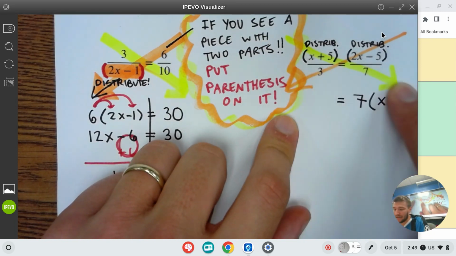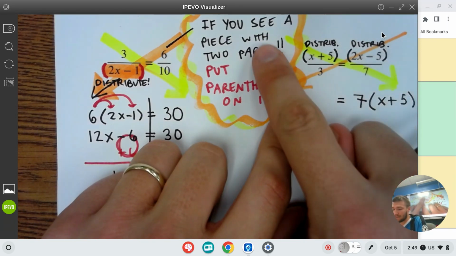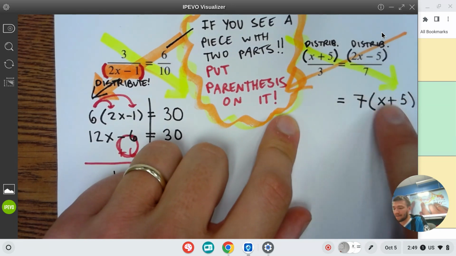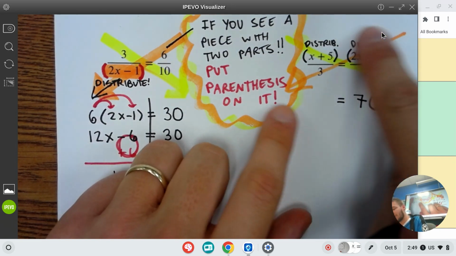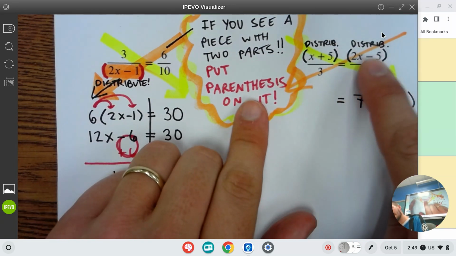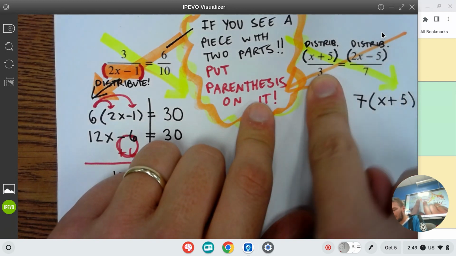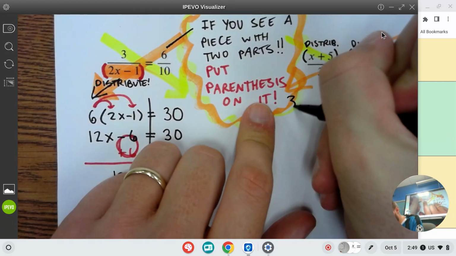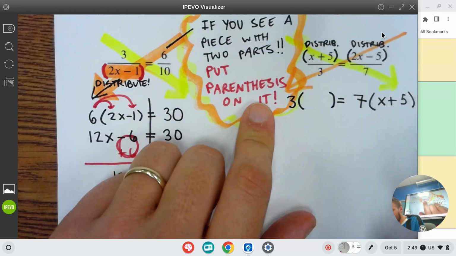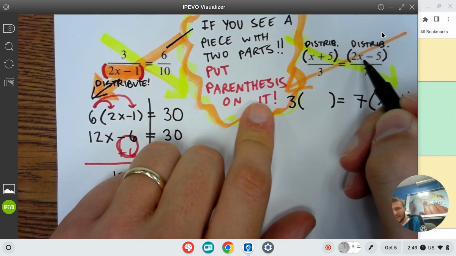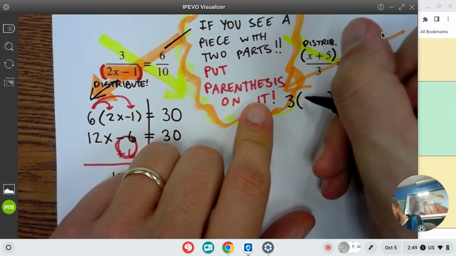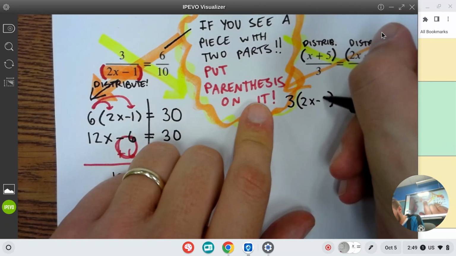Not for the yellow side, right? The yellow side is x plus 5 and a positive 7. You're right, on the orange side it is a negative, so don't forget that. 3 is my solo number, parentheses, and in the parentheses, get it right, 2x minus 5. Perfect. 2x minus 5.